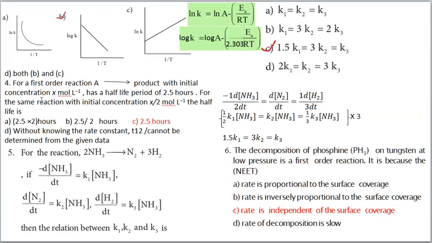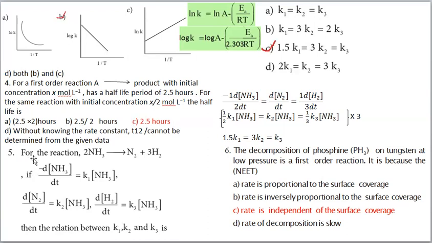So it cannot vary by changing the initial concentration of reactant. So half-life period is always the same. So here 2.5 hours. Okay, so that same value we will get for the other experiment also. Okay, so half-life period is 2.5 hours.